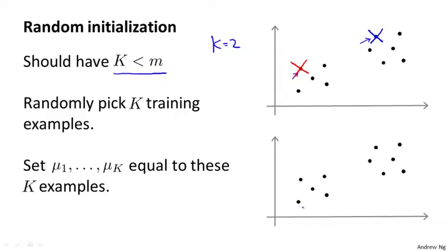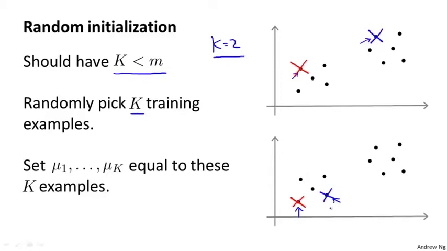Sometimes I might get less lucky, and maybe I'll end up picking that as my first randomly chosen example, and that as my second one. And here I'm picking two examples because K equals 2. So I'm going to randomly pick two training examples. And if I chose those two, then I'll end up with maybe this as my first cluster centroid, and that as my second initial location of the cluster centroid.